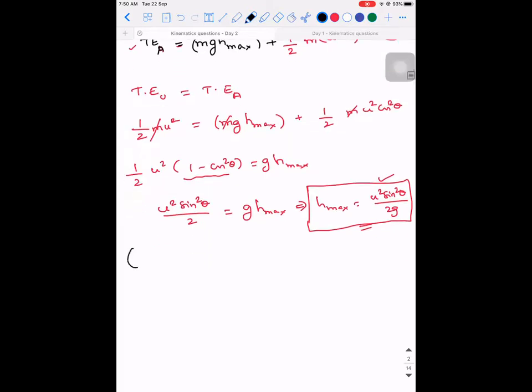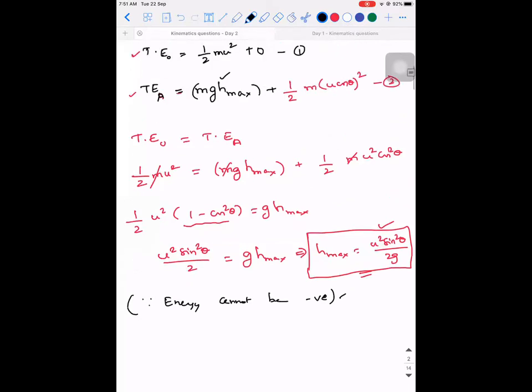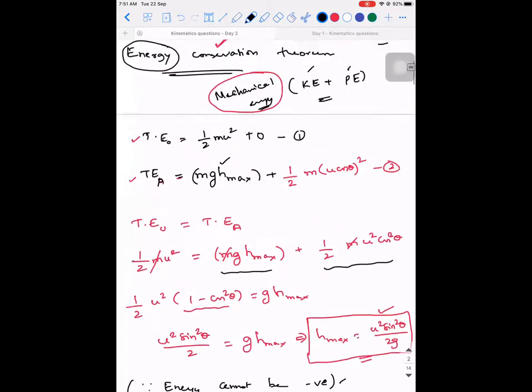In the bracket, you can write: since energy cannot be negative. Only work done can be negative. Since energy cannot be negative, we do not take sign into consideration. That is why, if you see, I didn't say whether the object is traveling upwards or downwards. I only took plus sign and put it. I hope it is clear.